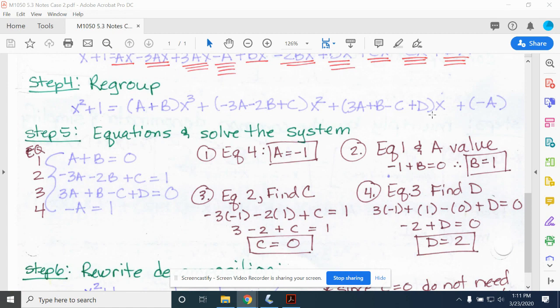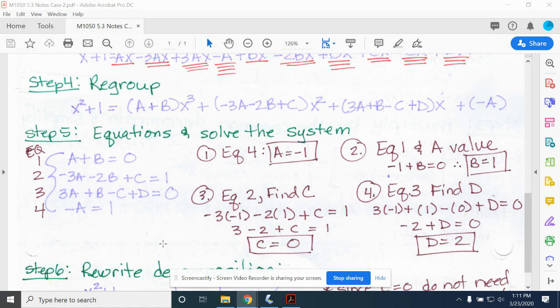And then my solid x's, I do not have any x value. Therefore, there's 0x on the left, which then equals the 3a plus b minus c plus d. And lastly, our constant, a negative a equals 1, and that's super nice.